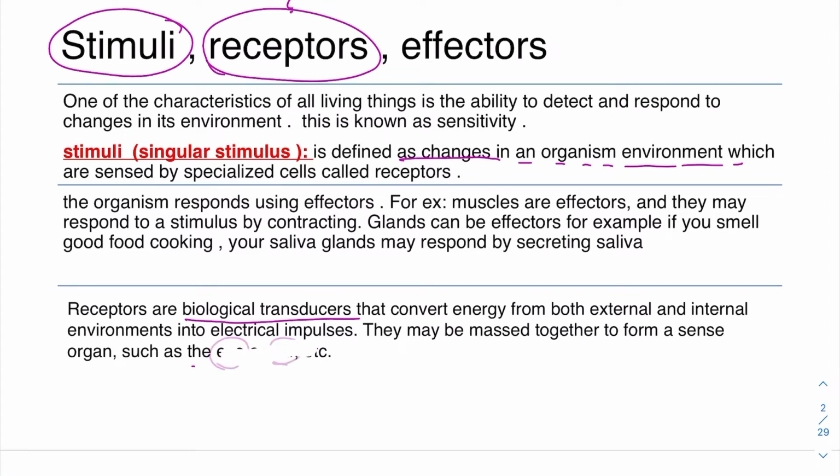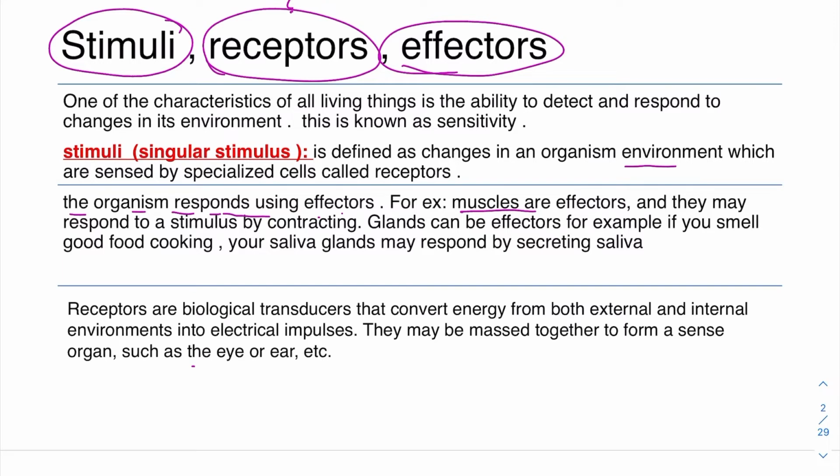So these are receptors, and the last one is effectors. So what are effectors? Effectors simply mean responses. So the organism responds using effectors. For example, muscles are effectors.